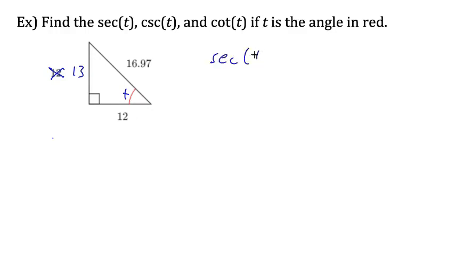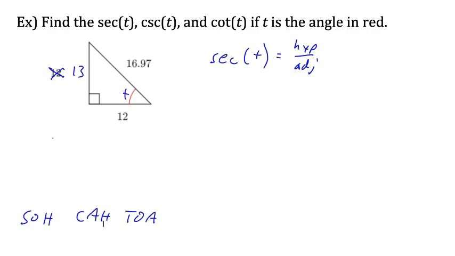Okay, the secant of an angle, well, that's the reciprocal of cosine. So this is going to be hypotenuse over adjacent. So if we remember our SOHCAHTOA, remember secant matches up with cosine.